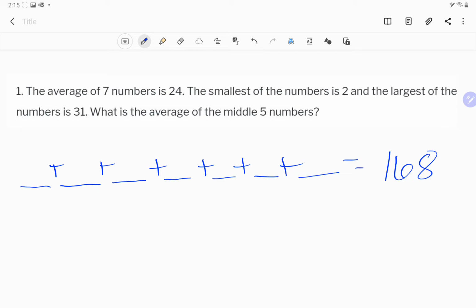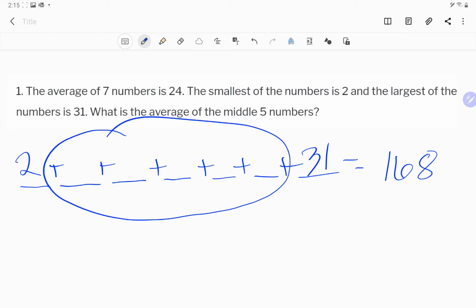Now, according to the problem, the smallest number is 2 and the largest is 31. And now they are asking for the average of these 5 numbers. So the first thing that we're going to do is remove 31 and 2 and put them on the other side of the equation.